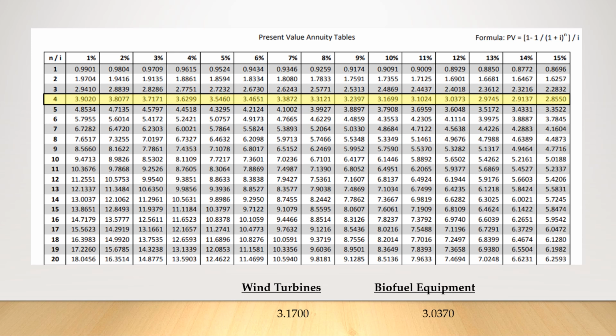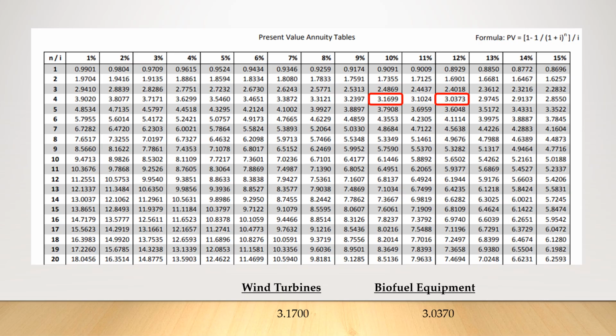The wind turbines have a factor of 3.17, and at the 10% column we find a factor of 3.1699, which rounds to 3.17. 2 columns over we find a factor of 3.0373, which is close enough to the biofuels equipment factor of 3.0370.